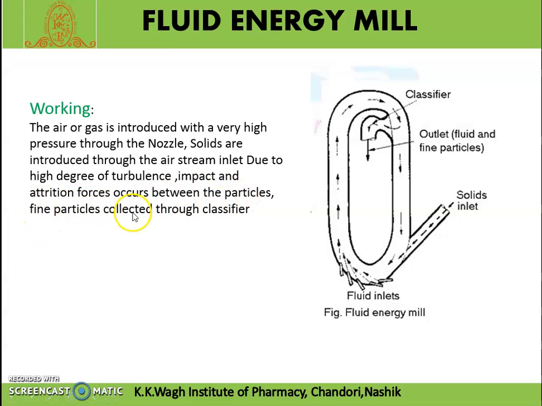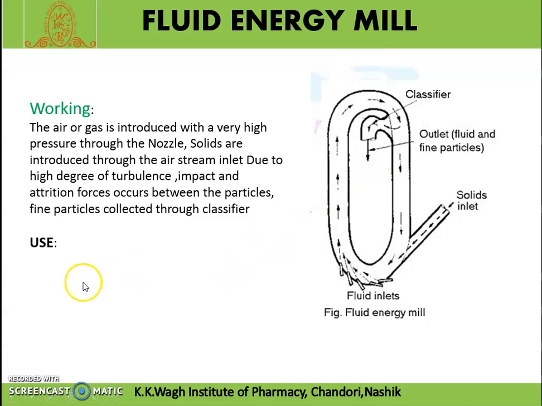Fine particles are collected through the classifier. From this, solids inlets are there, and from this, fluid inlets are here, and a very forceful mechanism is there. Impact and attrition forces work here, and this is the outlet of the feed. From this classifier we can collect the fine particles.